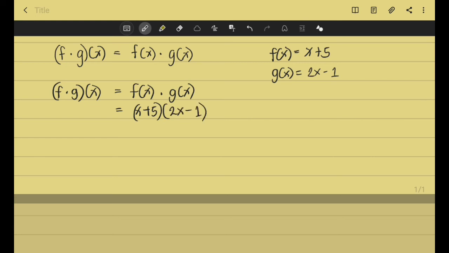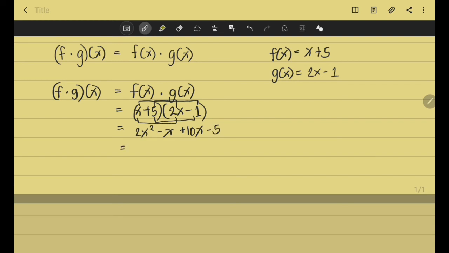And then, let us multiply these binomials. So we have x multiplied by 2x, we have 2x squared. Then we have x multiplied by negative 1, we have negative x. Then 5 multiplied by 2x is positive 10x. Then last, we have 5 multiplied by negative 1, we have negative 5.